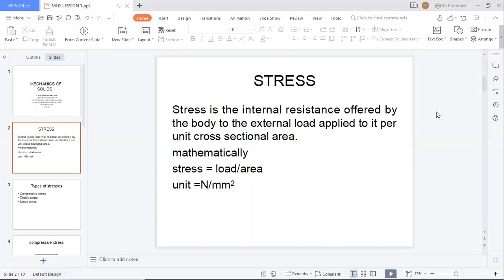The unit is Newton per mm square, or kg per centimeter square, or kilonewton per meter square, etc. So stress in the mathematical definition is load by area, P by A. The notation is sigma, which is equal to load by area.